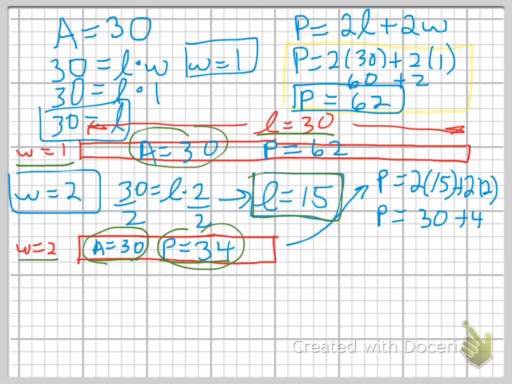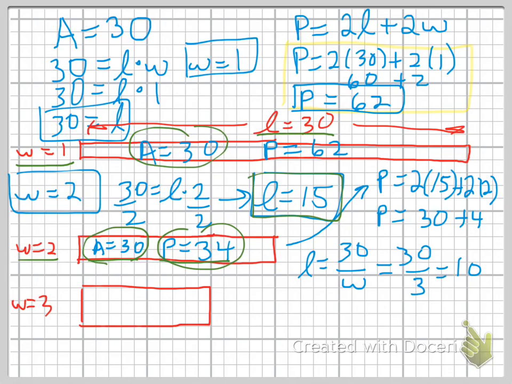So we can keep that process going. Most people say, well, I'll try 3. Okay, 3 is the next logical width to choose. And if you haven't figured out already, all we're really doing is taking the area, 30, and dividing it by the width to get the length. So 30 divided by 3 equals 10. If I draw that again, I'm going to have a width of 3. I'm going to go 10 over here.